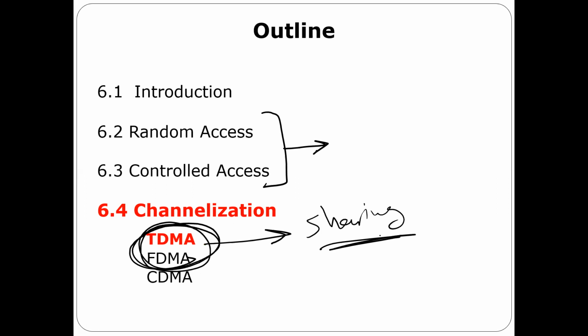So here we share. Share means we can transmit at the same time. For example, here in frequency, this is the whole bandwidth of the cable. I'm going to divide it into frequency bands. As I explained before, every computer can take one band.